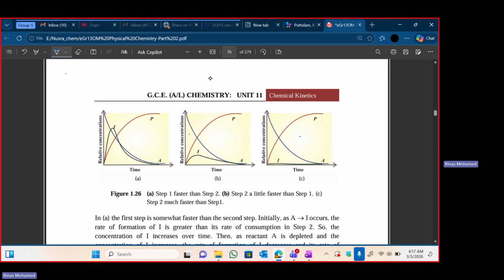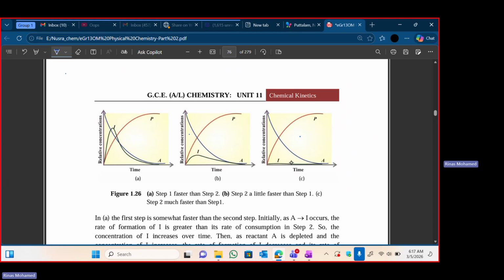In the third graph, can you see the amount of intermediate in this reaction? The reactant will decrease with time, and the product will reach a certain amount, but the intermediate concentration is very low.